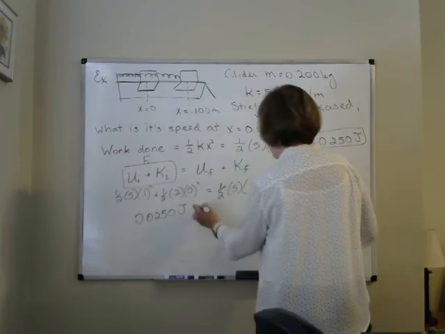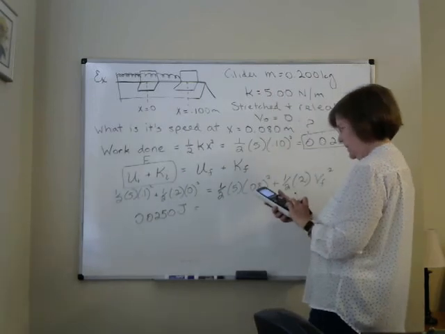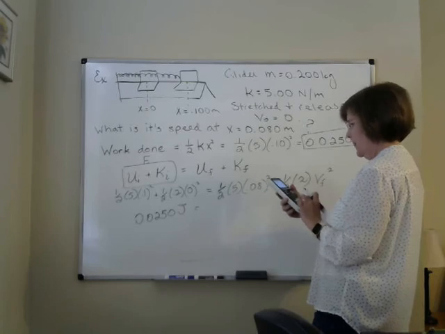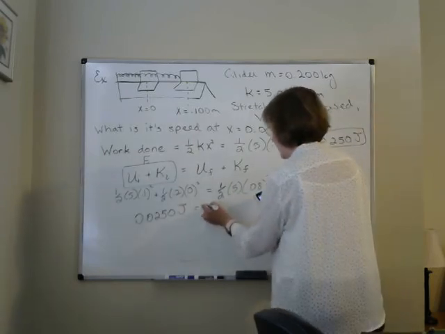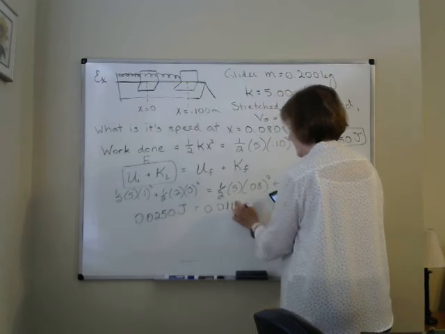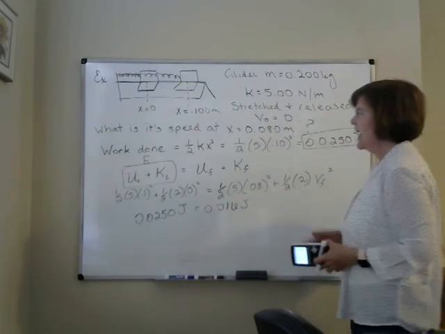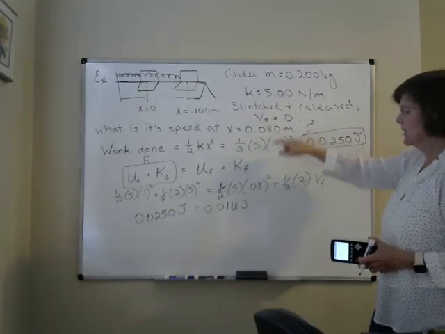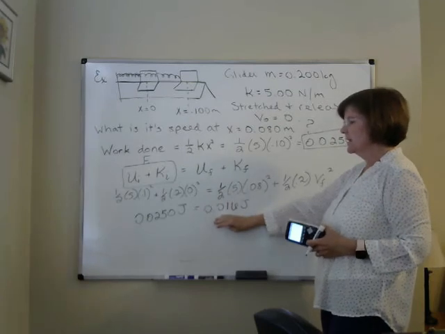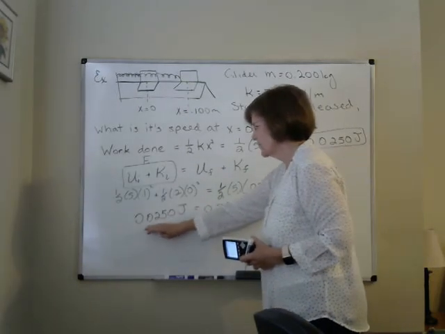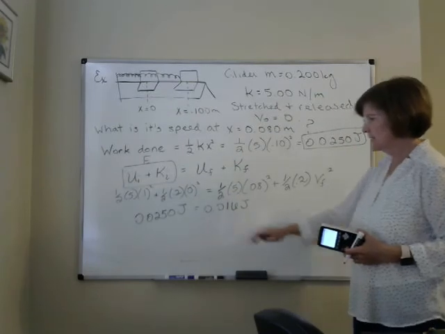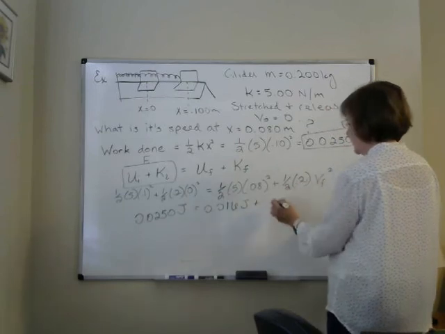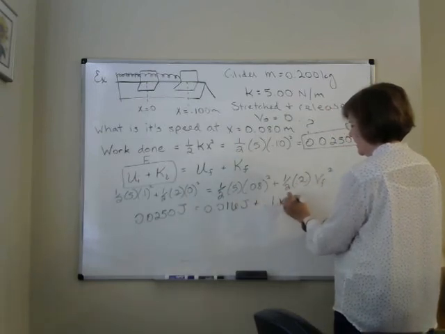So if I do 1/2 times 5 times 0.08 squared, I get 0.016 joules. So after we let it move, at x equals 0.08 meters, you can see that the amount of potential energy has dropped from 0.0250 to 0.0160. That's going to be made up here with this plus 1/2 0.2, which is 0.1 v squared.